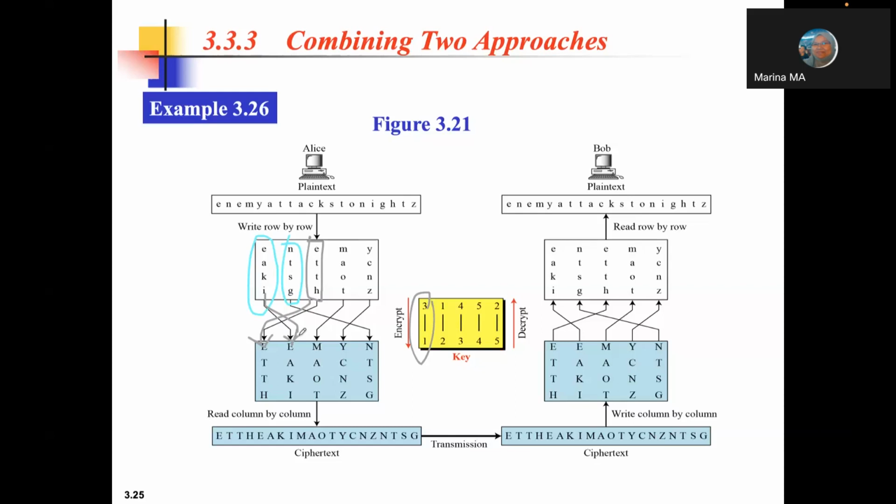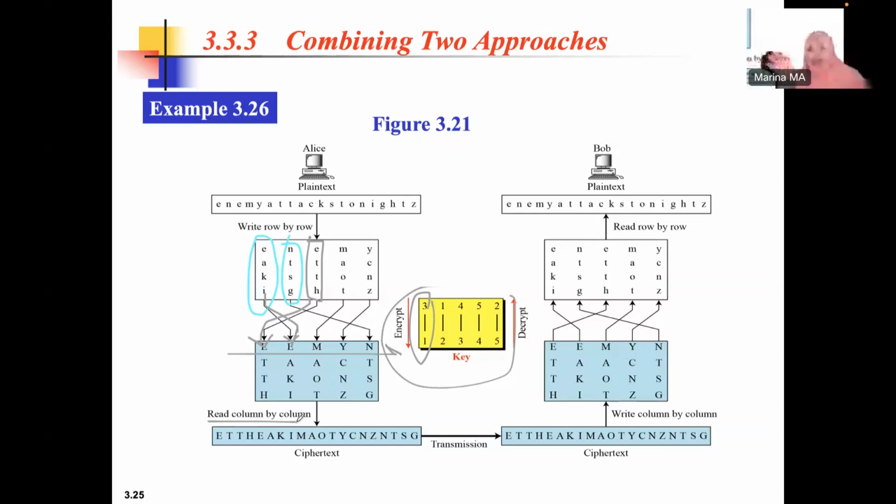A becomes Z, B becomes Y. Interesting is that the mathematics is easy, but it's still difficult for people to decrypt it.